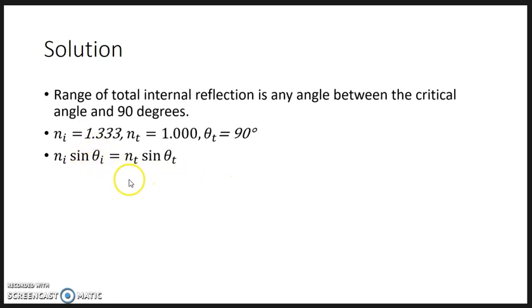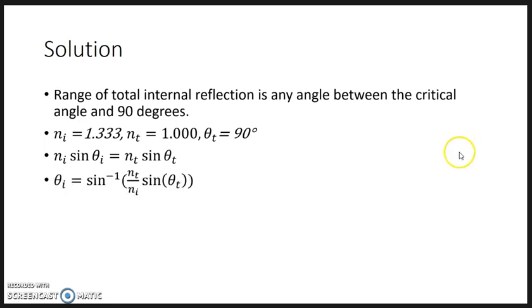I don't go through it step by step in this one because I wanted to go a little bit faster, but if we don't put the values in and just solve for it, we end up with the inverse sine of the index of refraction that's being transmitted divided by the index of refraction of the incident side times the sine of our transmitted angle, which happens to be the 90 degrees.